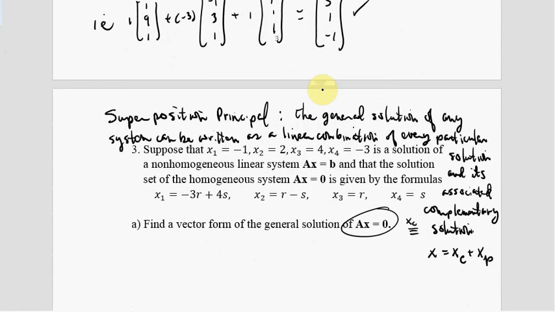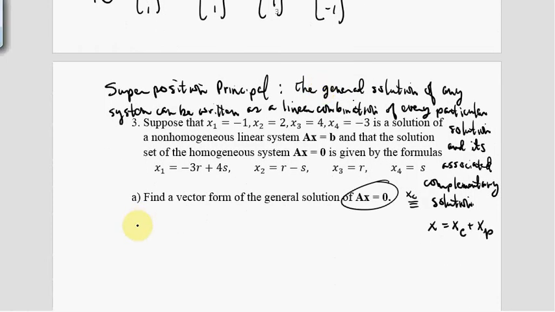So the actual write-up for it is that the general solution is the summation as i goes from 1 to n of x sub p i, and then plus x sub c.